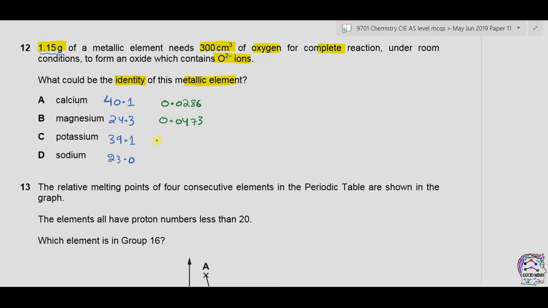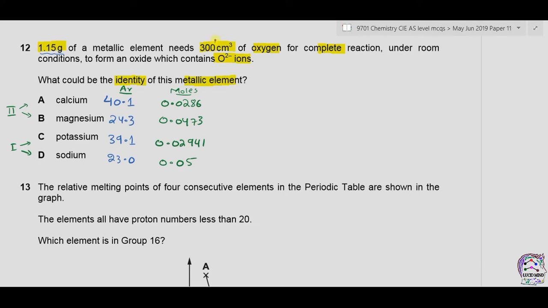For potassium, the value is 0.02941. Similarly, for sodium, the number of moles come equal to 0.05 moles. Now A and B is calcium and magnesium, which come from group 2 of the periodic table, while C and D is potassium and sodium, which come from group 1 of the periodic table.